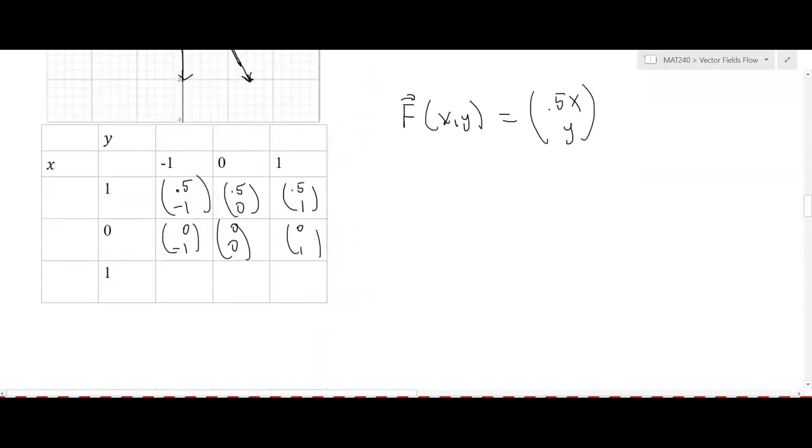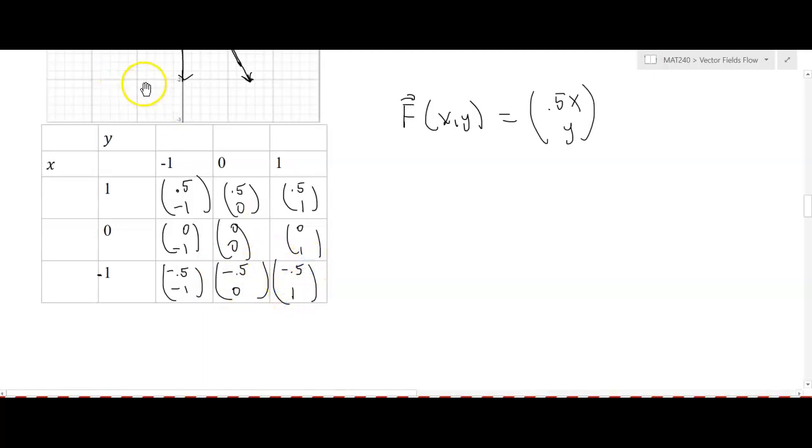And now we can focus on that last row. When x is 1 and y is negative 1, this will be a half and one of these should be negative 1, so we'll make this one negative 1 here. So this will be negative a half and negative 1. This will be 0, and this will still be negative half, except this will be 0, and this will be negative a half, and this will be 1.